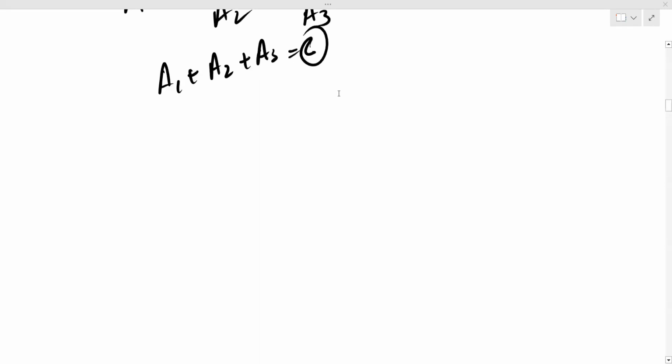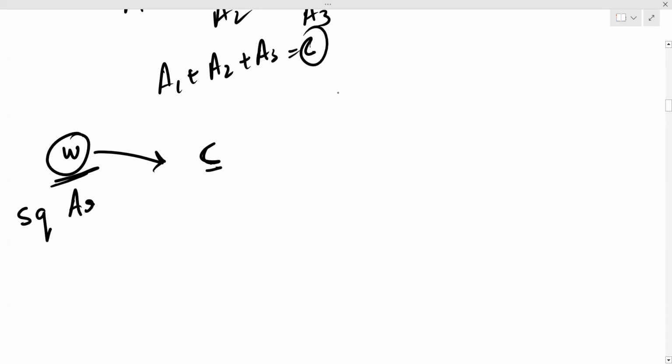See, first of all, if we knew W, how to find C? Let's say we know W. So how will you find the value of C? C is nothing but the total area. We can find this for square one. What will be the area of square one? It will be nothing but S1 is its side, right?